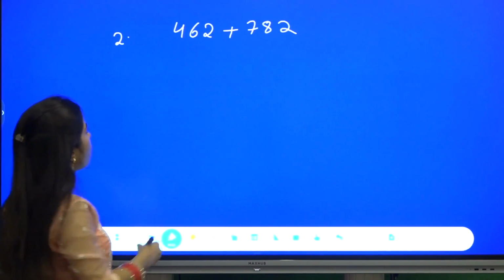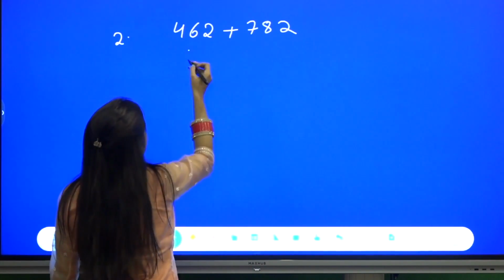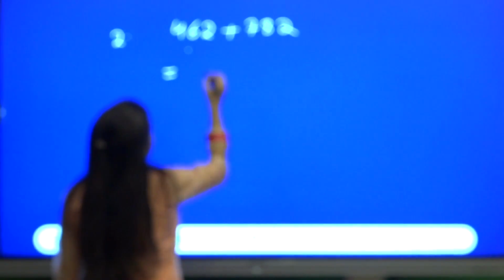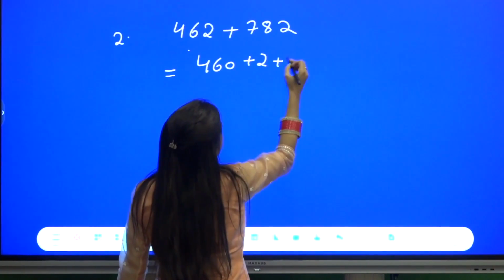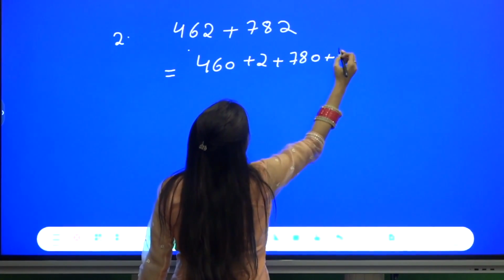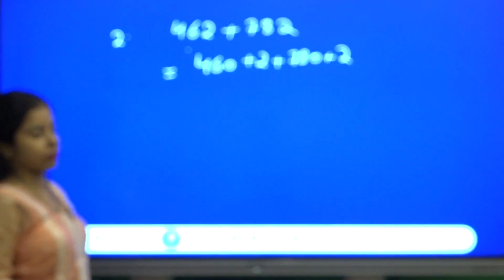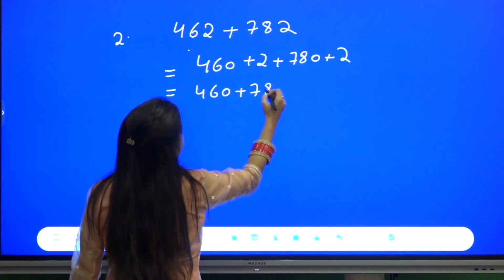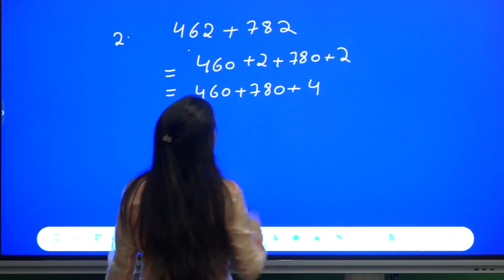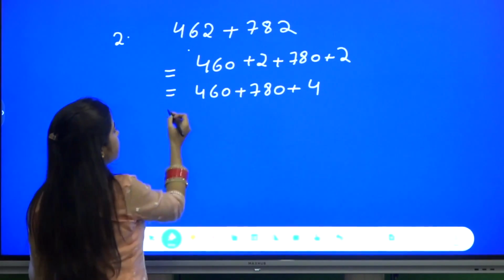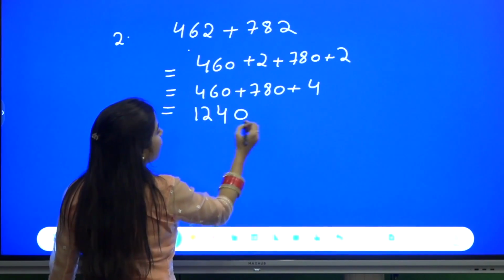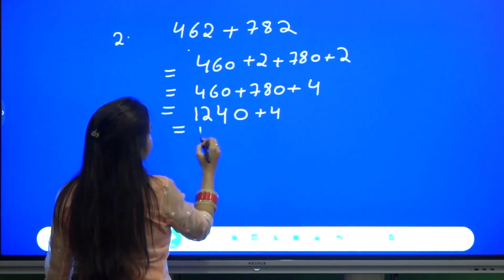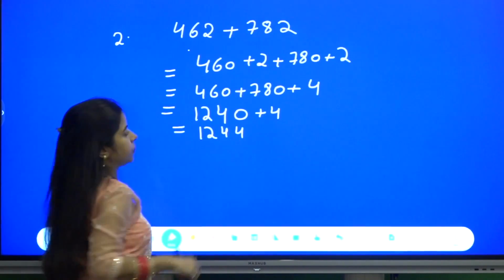Okay. So now we can see that this number can be written as 460 plus 2 plus 780 plus 2, and this further can be written as 460 plus 780 plus 4, and this will become 1240 plus 4 and the answer is 1244.